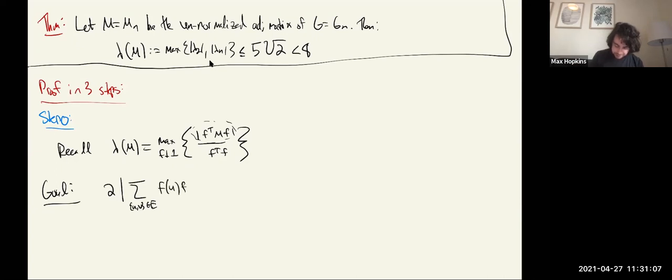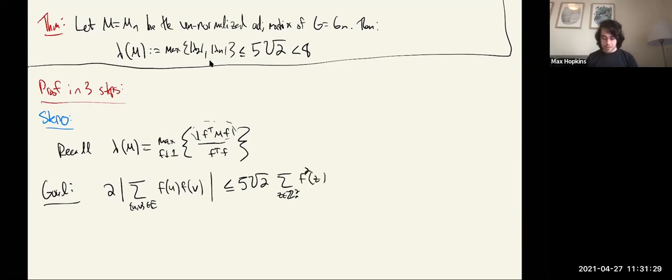This is straight from the definition of the adjacency matrix. And we want to prove that this is less than or equal to 5 root 2 times f transpose f, which is the sum over the vertex set, which remember is Z_n squared, of f(z) squared.